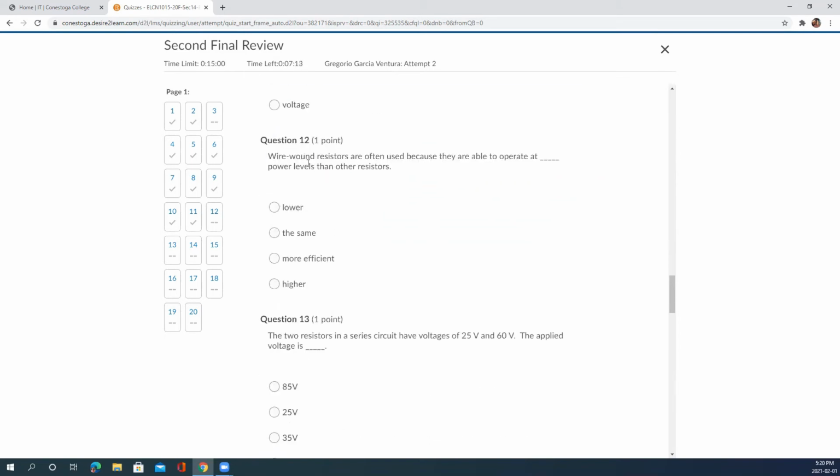Next one. Wire-wound resistors are often used because they are able to operate at blank space power levels than other resistors. Okay, so wire-wound resistors are used because they can dissipate more heat.